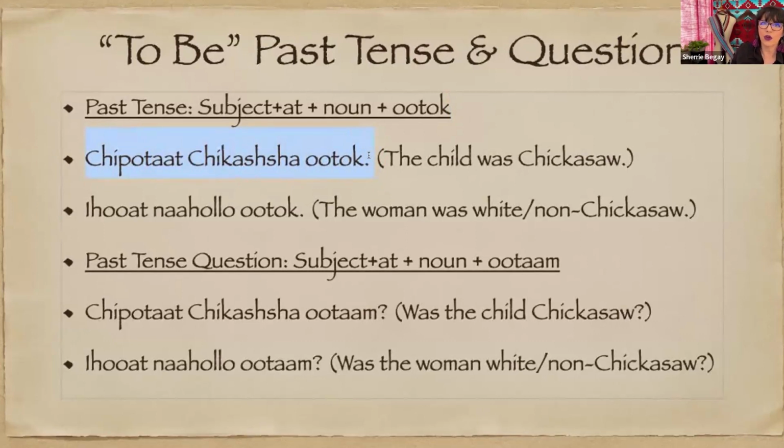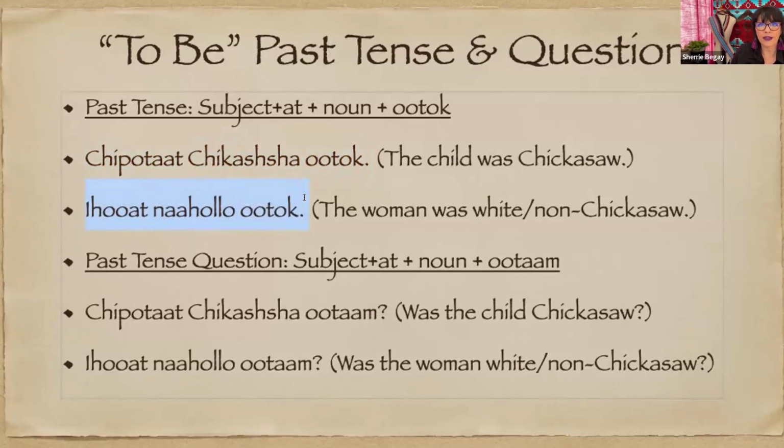The child was Chickasaw. And now let's look at the woman and say that she was, maybe it's somebody we knew before, non-Chickasaw or she was white. So, ihoat na holo otok. The woman was white or the woman was non-Chickasaw.